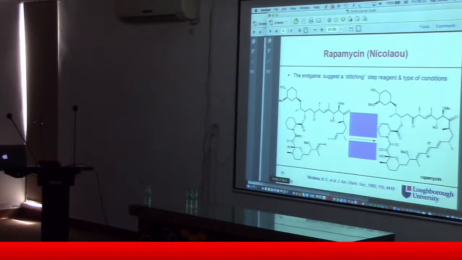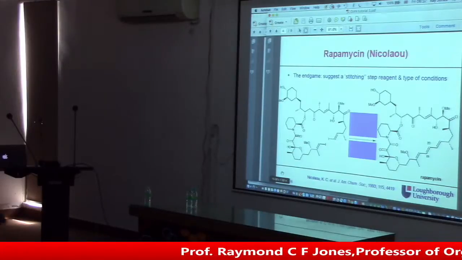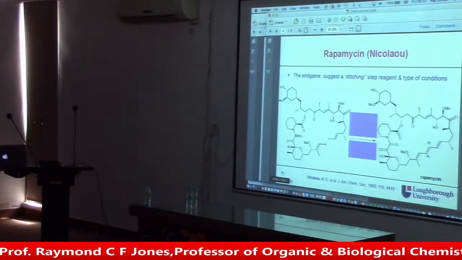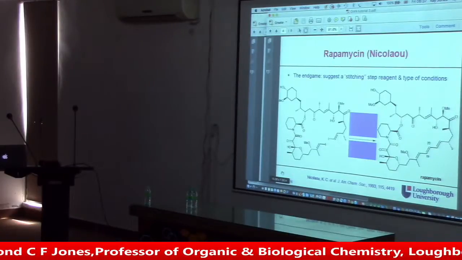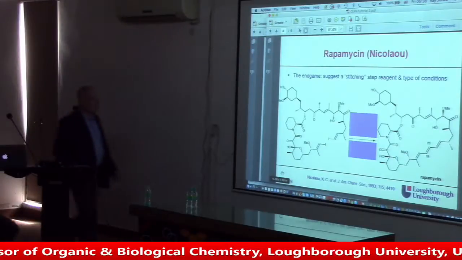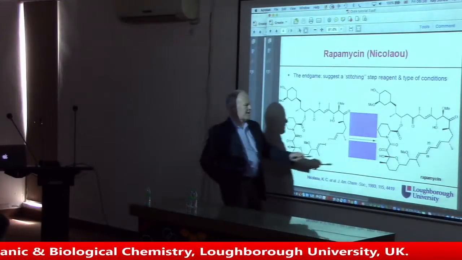But how many carbons have we got to add in? How many carbons are missing? 2, yeah. Then which are conveniently numbered 19 and 20 in the product.